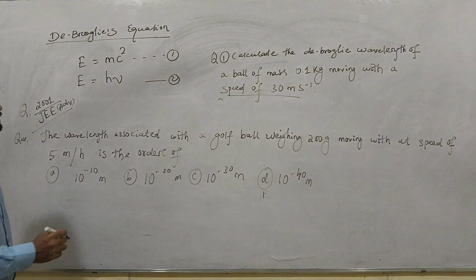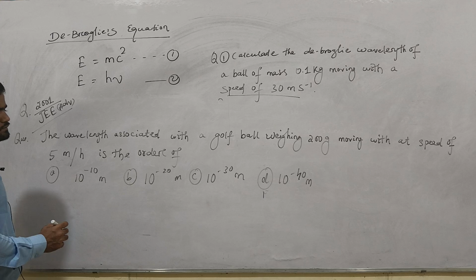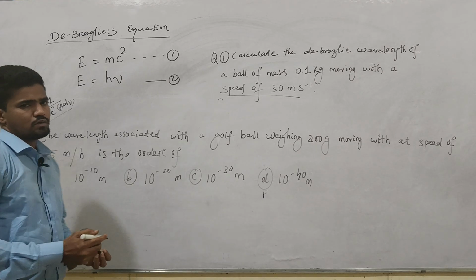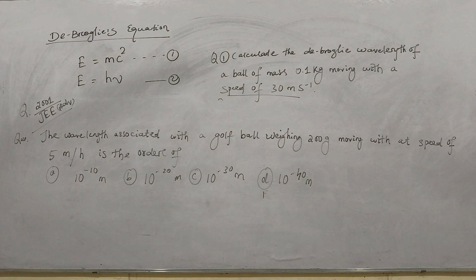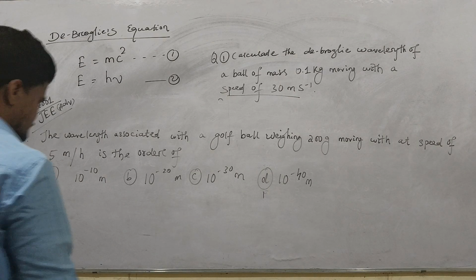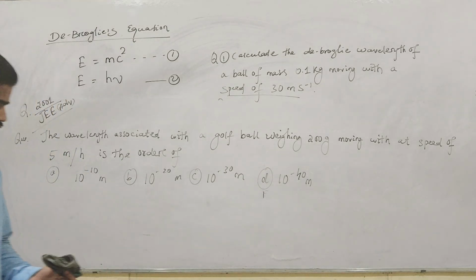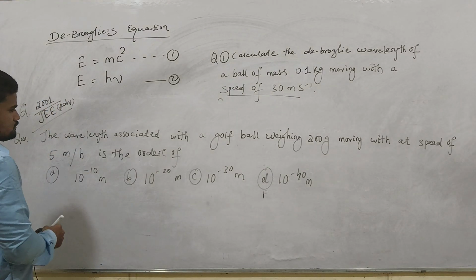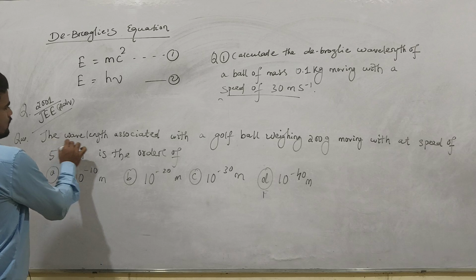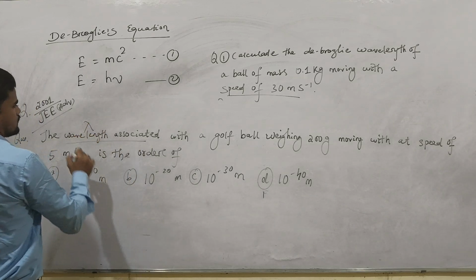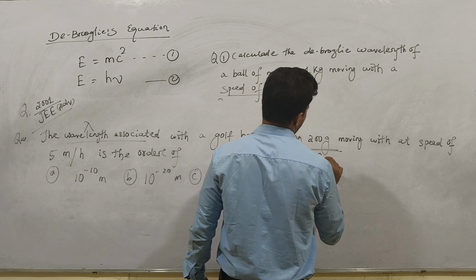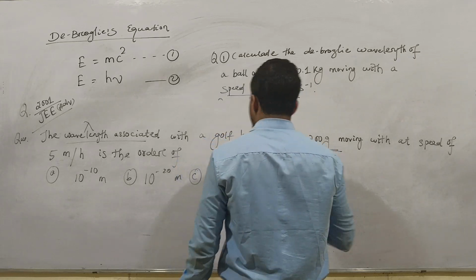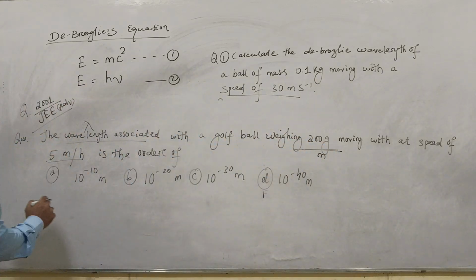How will you calculate? Let's see. You try yourself. The wavelength associated, that means lambda is asked here, with a golf ball weighing, that means this is the mass given, at a speed of 5 meter per hour.